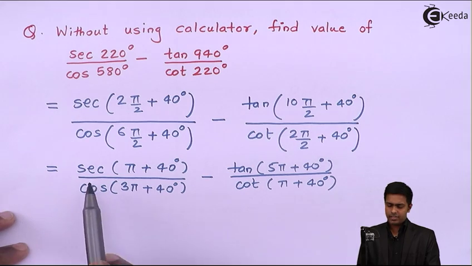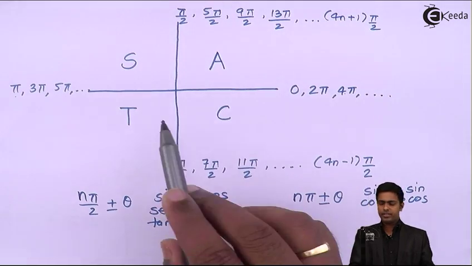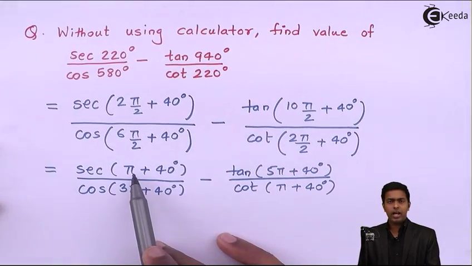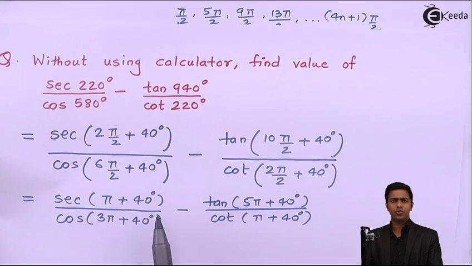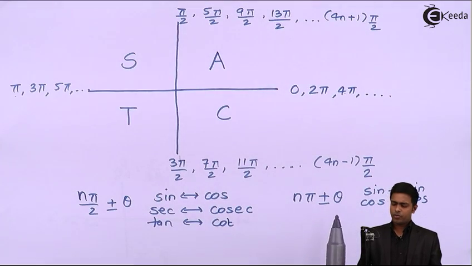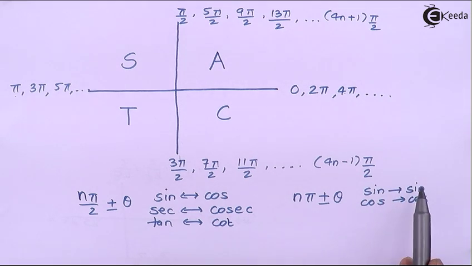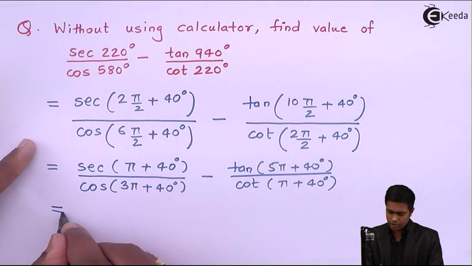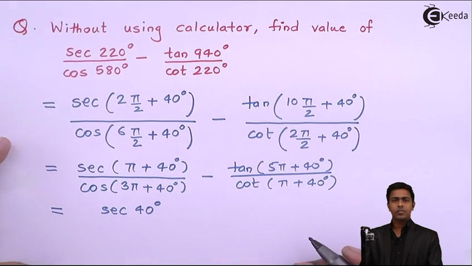Let's start with sec of pi plus 40 degree. According to the quadrant system, this is in the format of n pi plus theta. We have pi plus 40 degree, so 40 degree is my theta. Whenever we have the n pi plus theta format, sine remains sine and cos remains cos, and therefore sec will remain sec. So we are going to get sec of 40 degree in the answer.